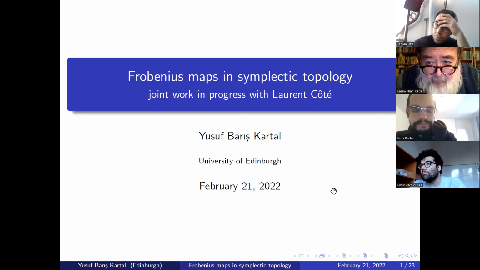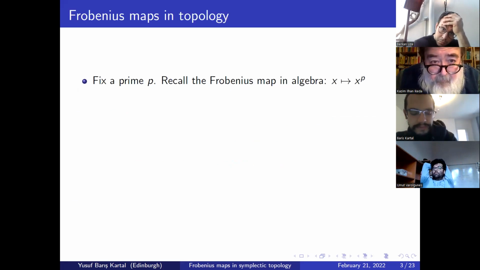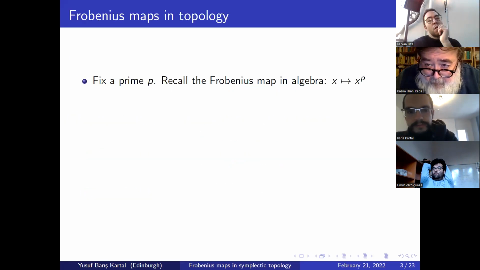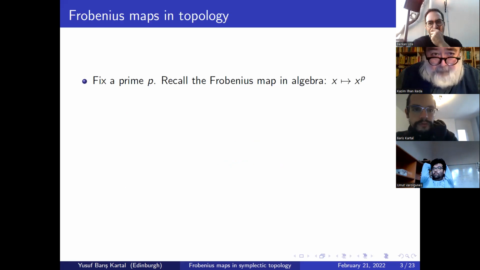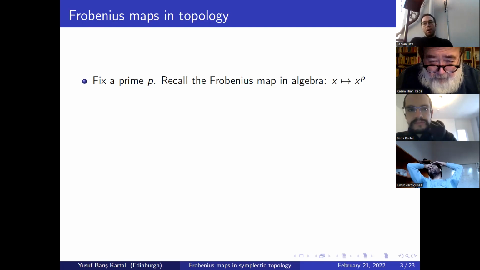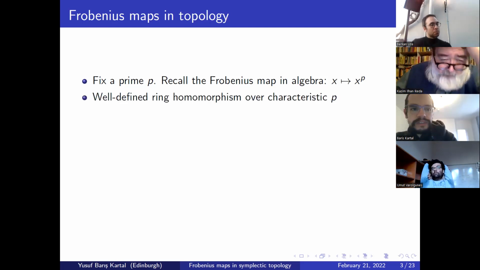So I'm going to talk about some constructions and some structures on some known constructions in symplectic topology. First, the Frobenius maps that we all know from the first algebra class are the power maps, right? If you have a prime p, then the Frobenius map sends x to its pth power. And this has topological incarnations too.